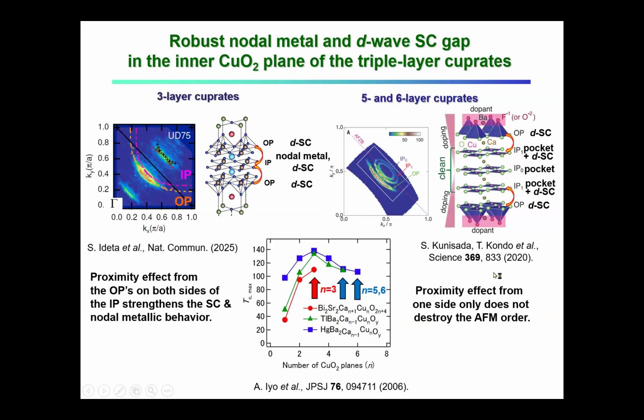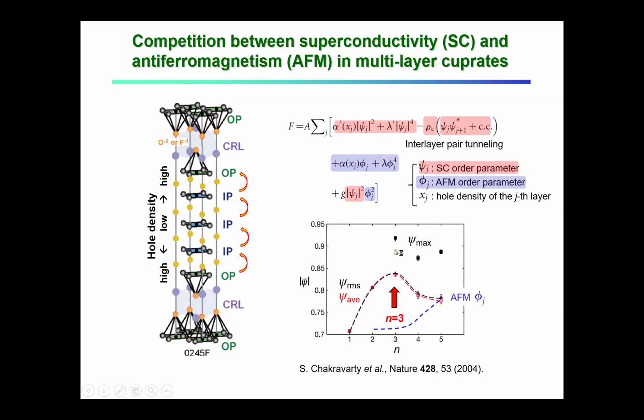And so this difference is maybe the reason why TC max is suppressed beyond n equals 3, because antiferromagnetism competes with the superconductivity, and finally TC drops.